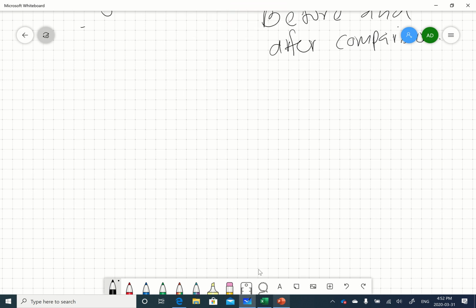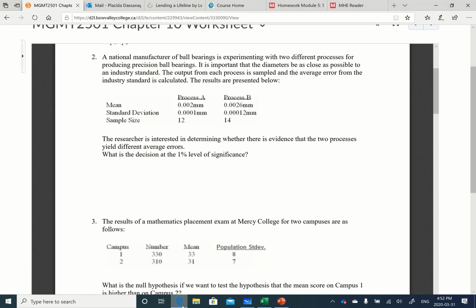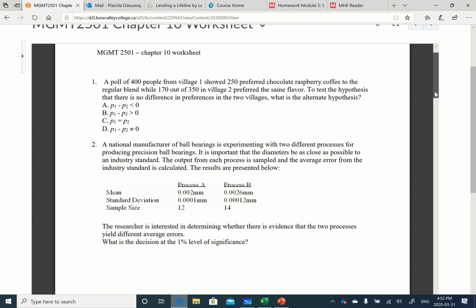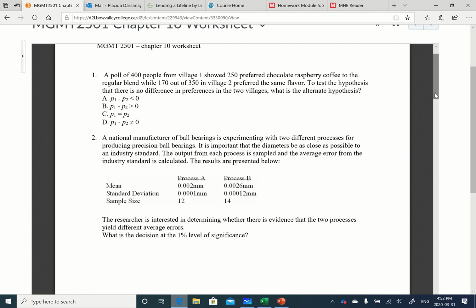And then let me add some practice into this. Okay, so worksheet, question number 1. A poll of 400 people from village 1 showed 250 preferred chocolate raspberry coffee to the regular blend, while 170 out of 350 in village 2 preferred the same flavor.